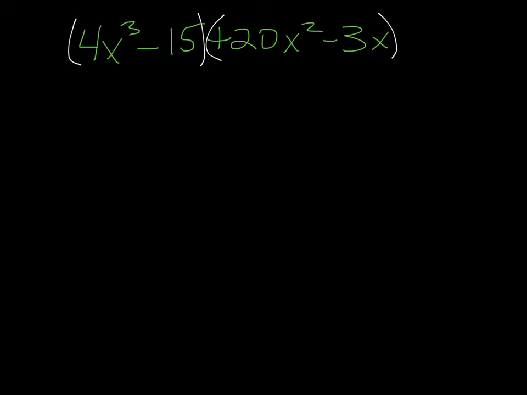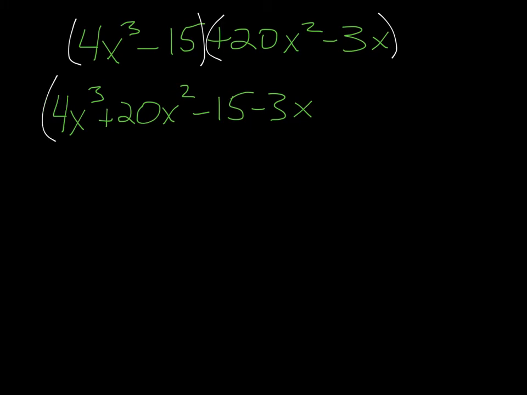So as of right now, we're just worried about trying to group 2 and 2. So let's switch 2 and see what happens. We're going to just switch these two just because they're right next to each other in the middle. So we're going to say 4x cubed plus 20x squared minus 15 minus 3x. And we're going to try and group 2 and 2 again.